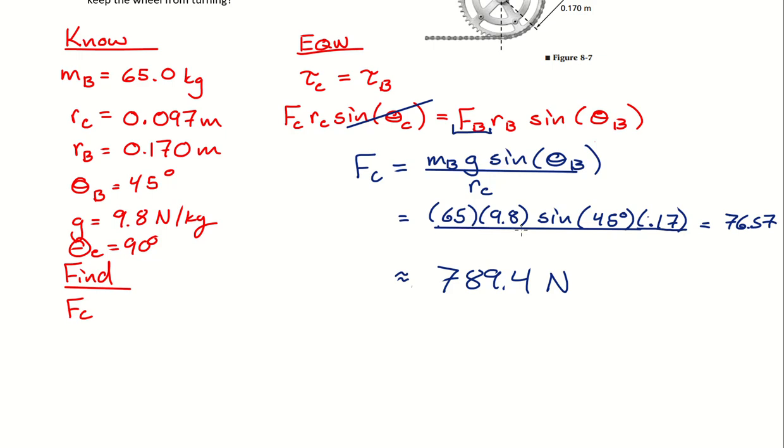We now need to divide by r sub c, which is the radius of the chain was what? 0.097. Now, just real quickly, do you guys agree that that's pretty much a tenth? Like that's almost 0.1. Really close to 0.1. If I divide by a tenth, that's the same as multiplying by 10, right? So in my head, I'm already thinking, if you take that 76.57 number and you divide it by 1/10, we should be about 765.